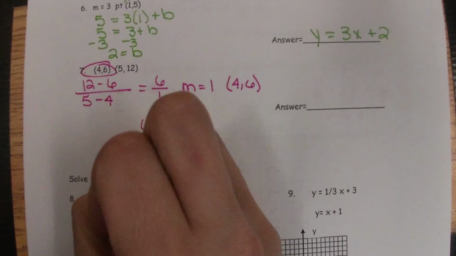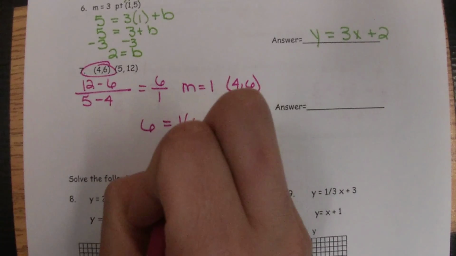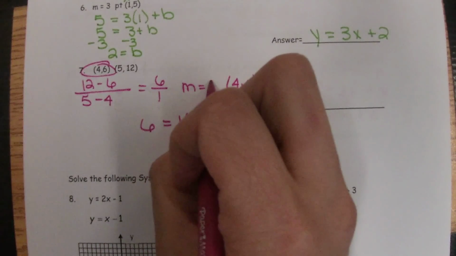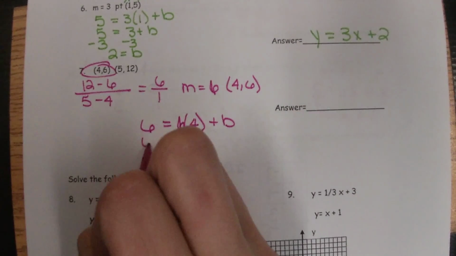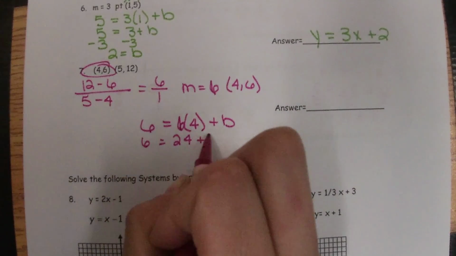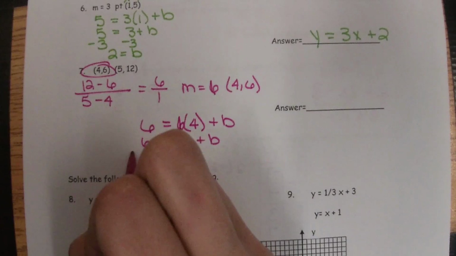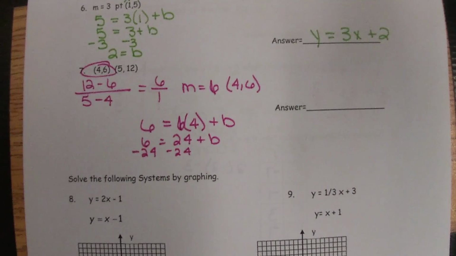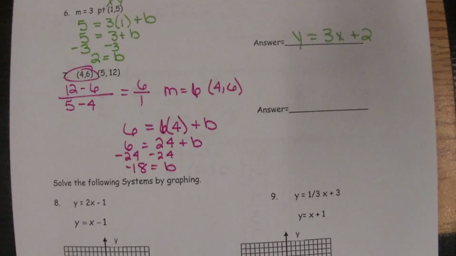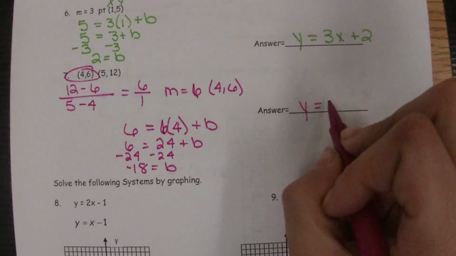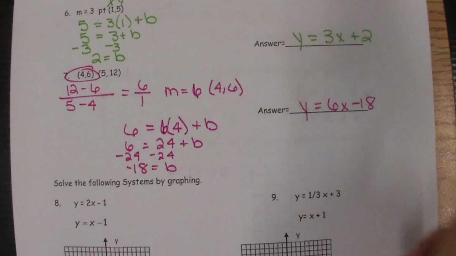So we'll say y equals mx plus b, m is 6. So 6 equals 24 plus b. So it gives us -18 is b. So then we'll say y equals 6x minus 18.